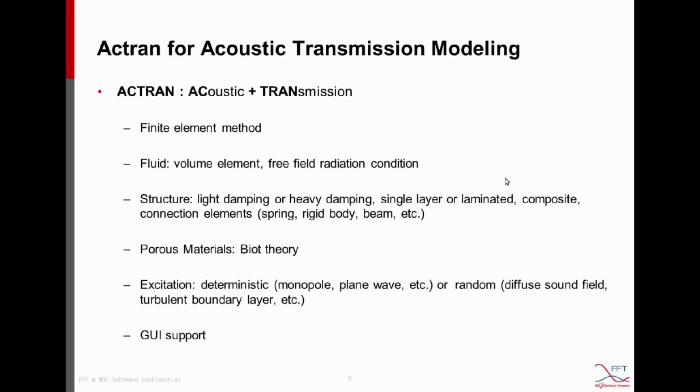And in Actran, we can also model structure elements, including lightly damped or heavily damped structures, single layer or laminated structures, homogeneous or composite materials. There is also the capability in Actran to model detailed elements like spring elements, rigid body elements, or beam elements that connect different structure panels.